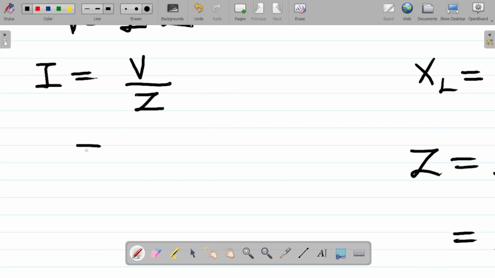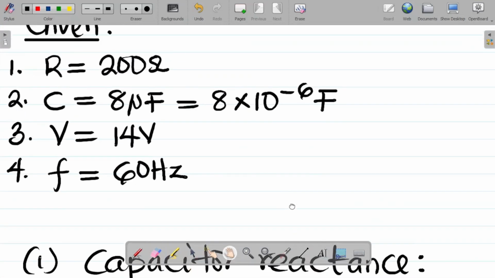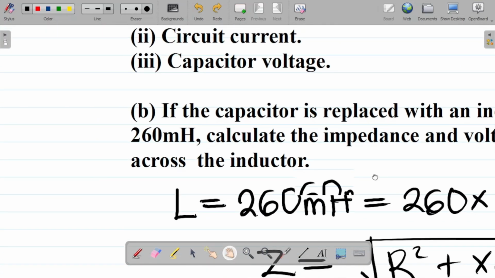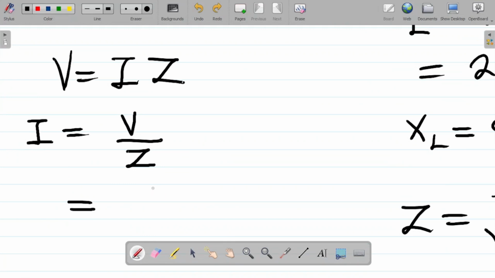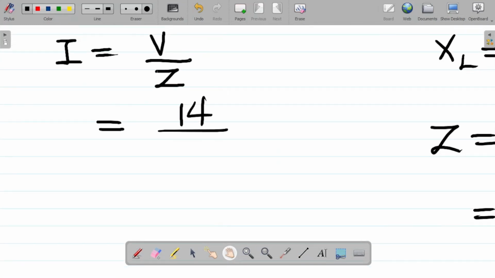From here, the voltage in the question is given as 14 volts. So the current is 14 volts over the value of Z that we got, 222.73.